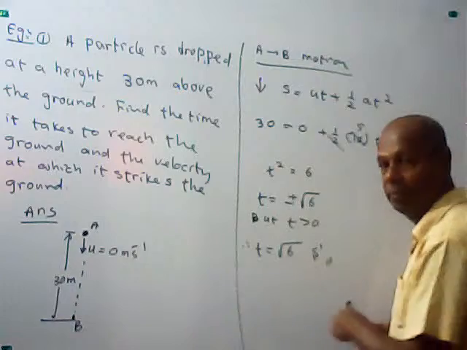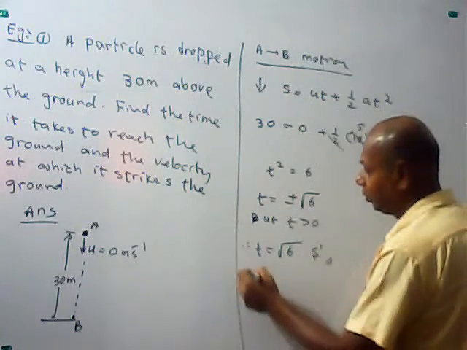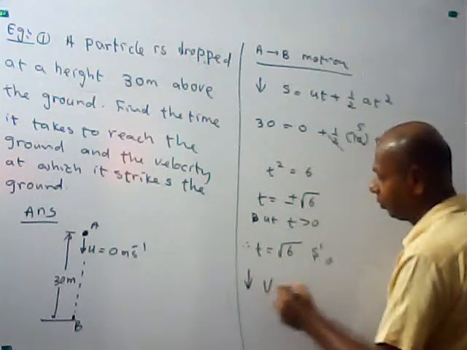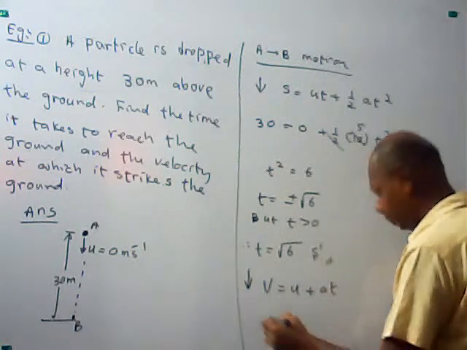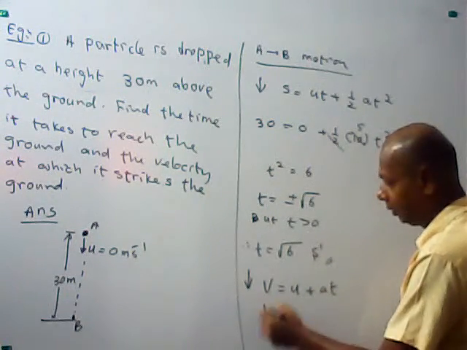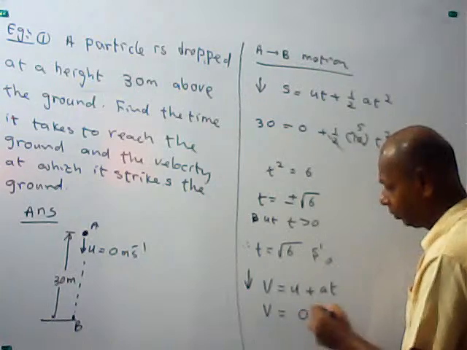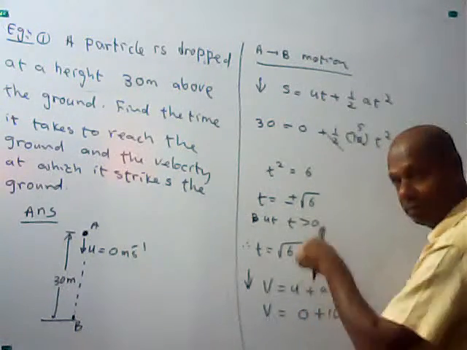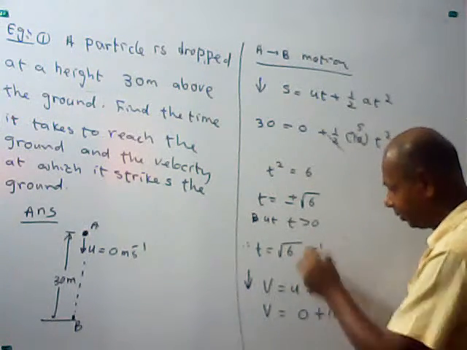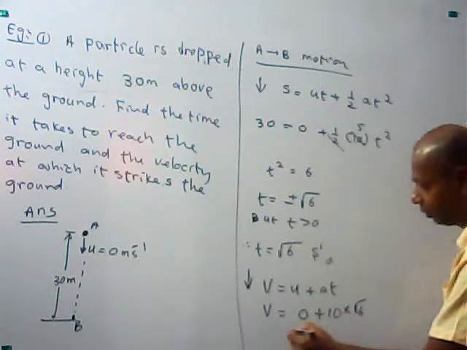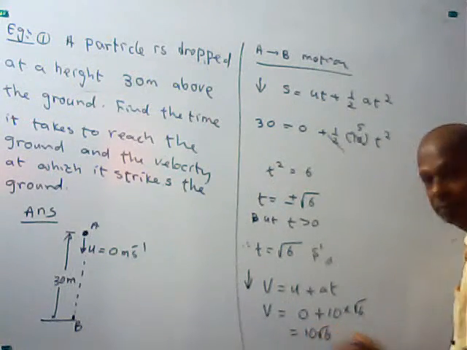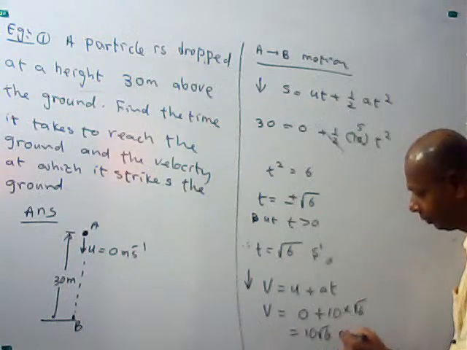You have the time t, so you can apply v equals u plus at downwards from A to B motion. So v equals, u is 0, acceleration is 10 downwards, and t is root 6. So it is 10 root 6 in ms minus 1.